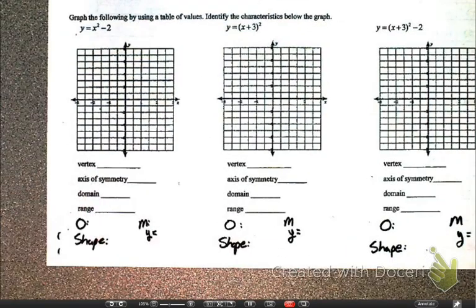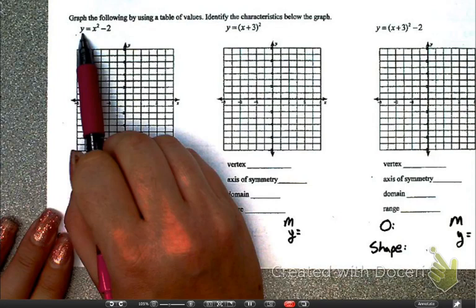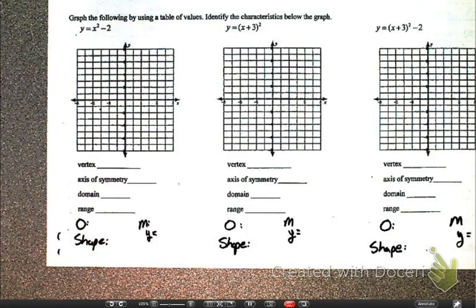Okay, so let's look at problem 1. Our equation is x squared minus 2. What do we think the vertex is? And I see some of you using the computer, and that is just fine. 0, -2. So let's look at why it's 0, -2.